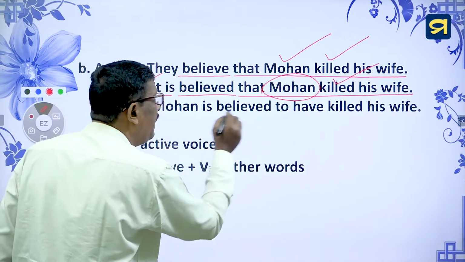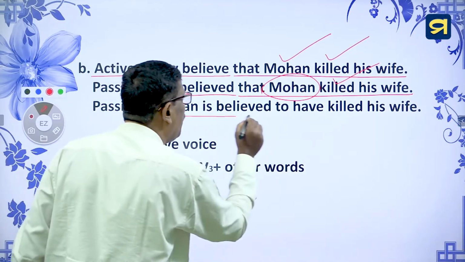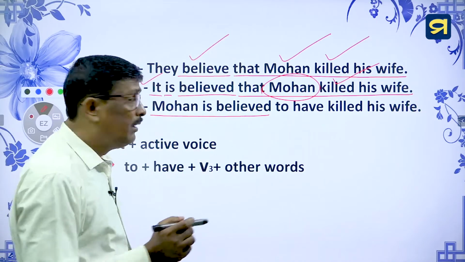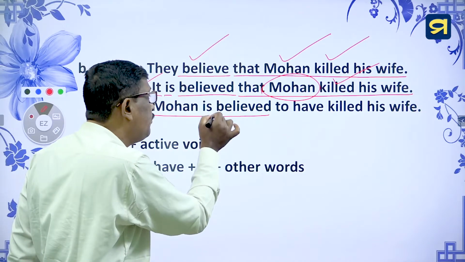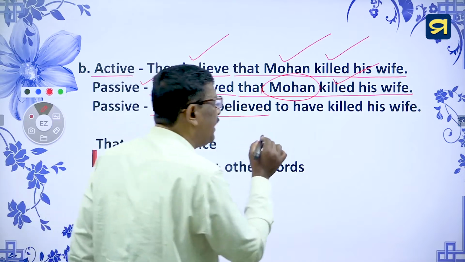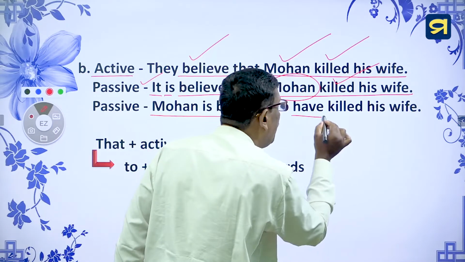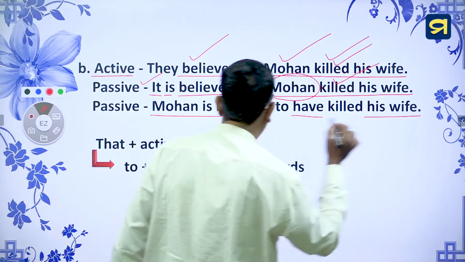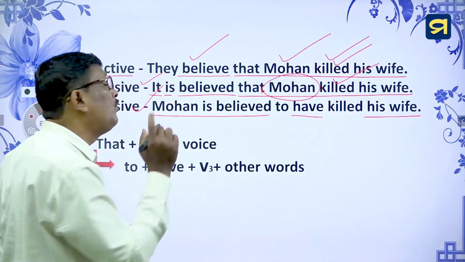Mohan is believed. Why is Mohan is believed written here? Because it is in present simple tense. Mohan then is followed by believed. Then you mark it, to followed by have, then the third form of killed, and then other words. That means in this way you have to change.